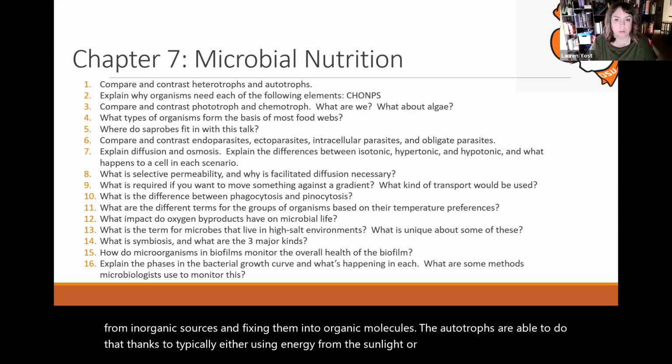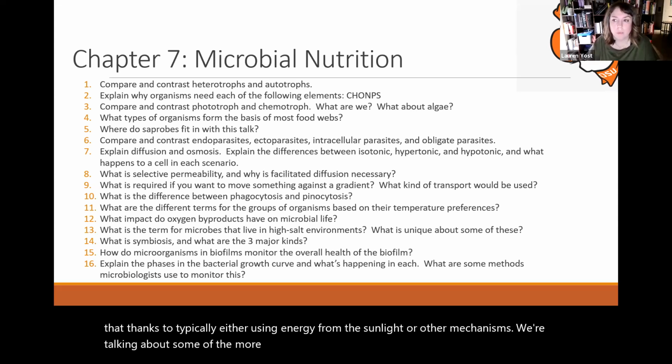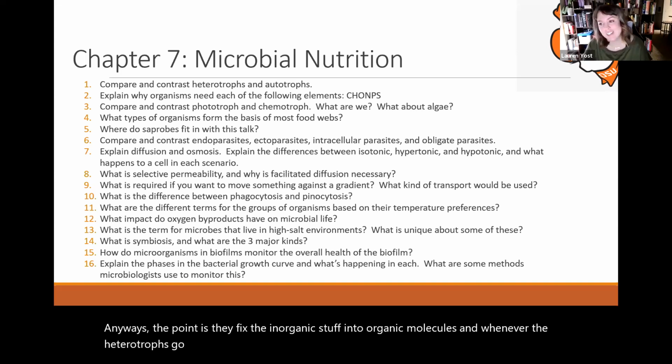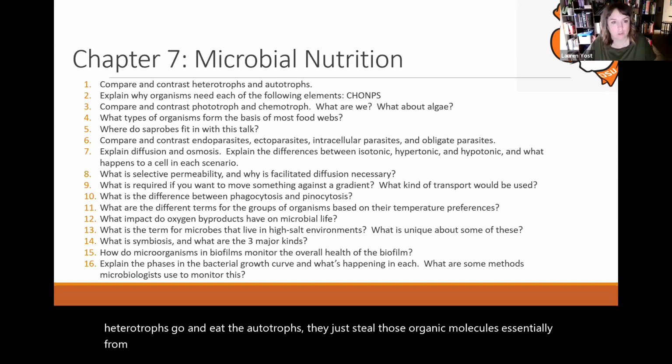We're talking about some of the less common ways that organisms can do this. But anyways, the point is they fix the inorganic stuff into organic molecules. And whenever the heterotrophs go and eat the autotrophs, they just steal those organic molecules essentially from their structures and all that. So that's how that works out.